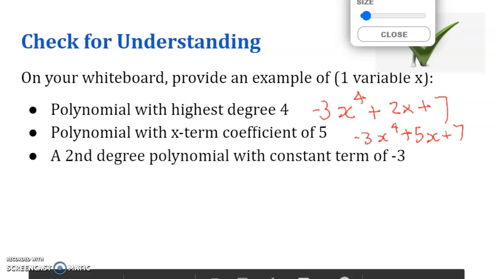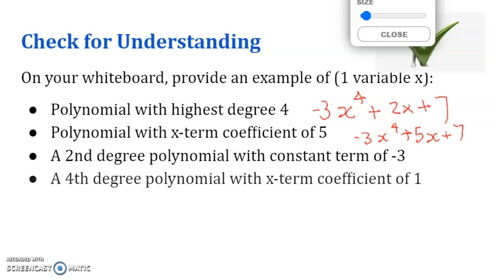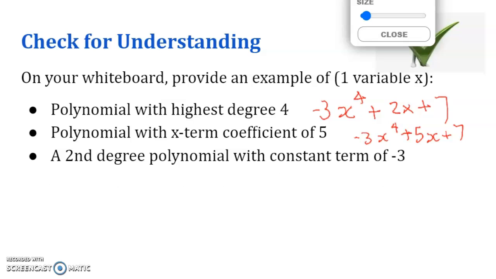What about a second degree polynomial with constant term of negative 3? So it's a second degree polynomial. That means we need at least x to the power of 2, and there has to be a non-zero coefficient here.